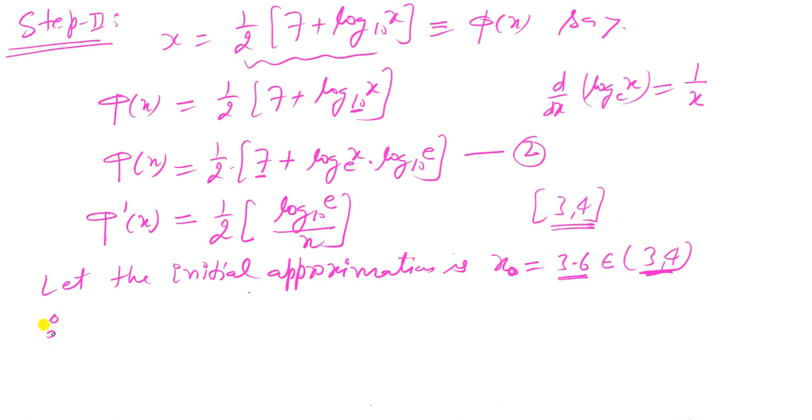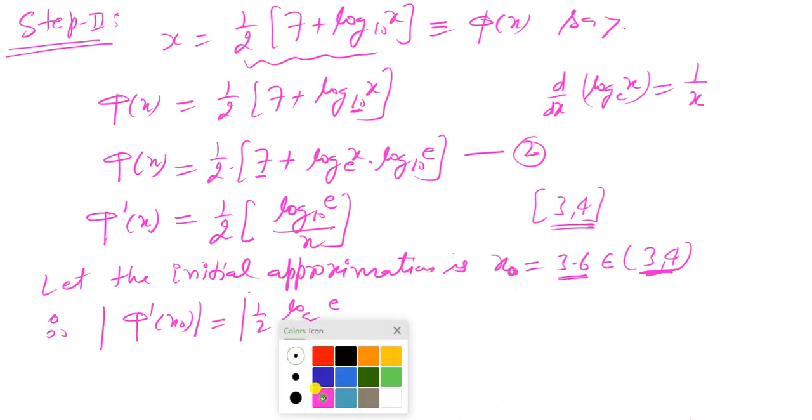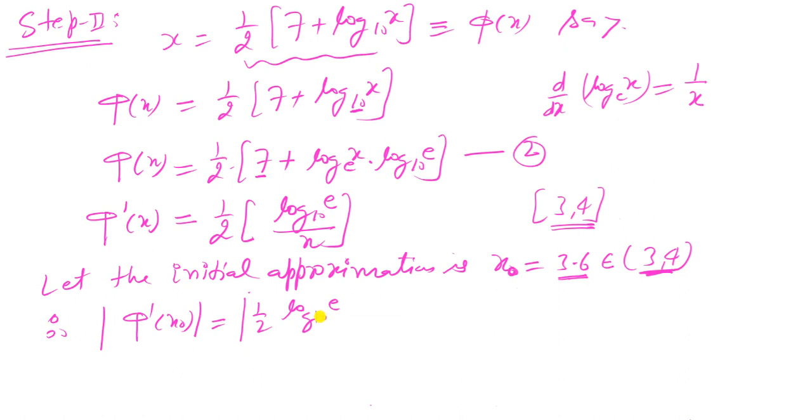Therefore mod of phi dash x naught is equal to mod of 1 upon 2 log e at base 10 upon x, where x is x naught. So this value is equal to 1 upon 2 log e at base 10 upon x naught, which is 3.6.